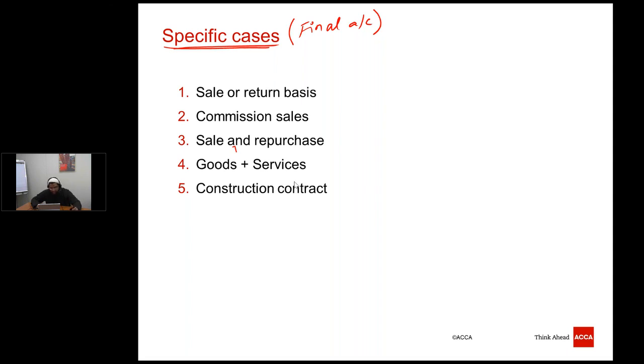No need of going into too much detail, Hamza Ali. Smita is saying, sir, please mention the subtopics you won't be discussing under each IAS or IFRS. Smita, this is a difficult question because F7 is a pool of knowledge and we are covering some part of that. So a lot of part is also left. So I think that we are already covering the majority items which are more important for the exam.